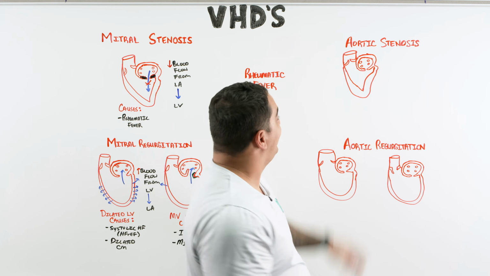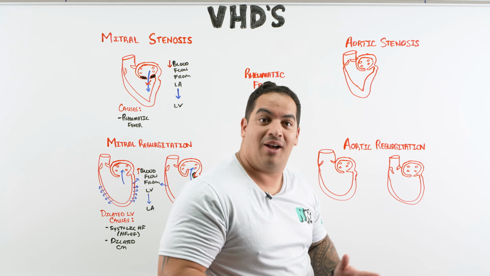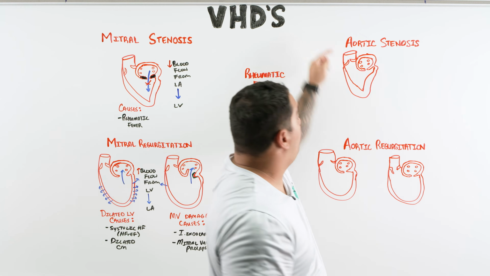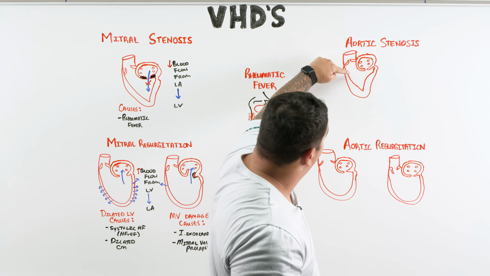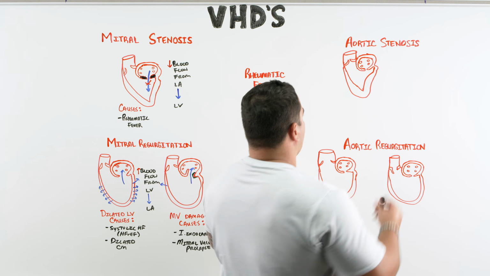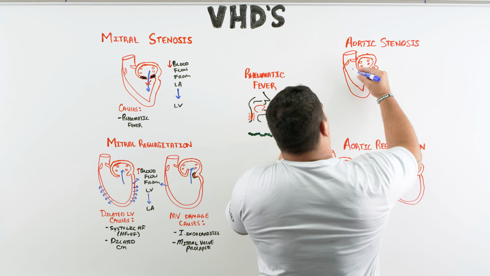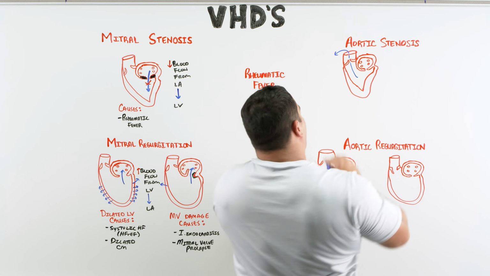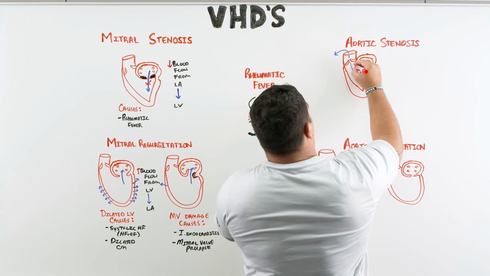Aortic stenosis is this valve. It's supposed to allow blood to go from the left ventricle into the aorta during systole and then block the blood flow from the aorta into the left ventricle during diastole. Aortic stenosis, it's not allowing blood to flow forward. So it's supposed to go here, and it is not allowing for that process to occur.